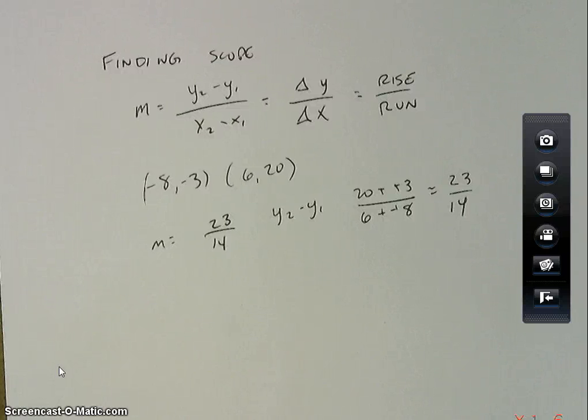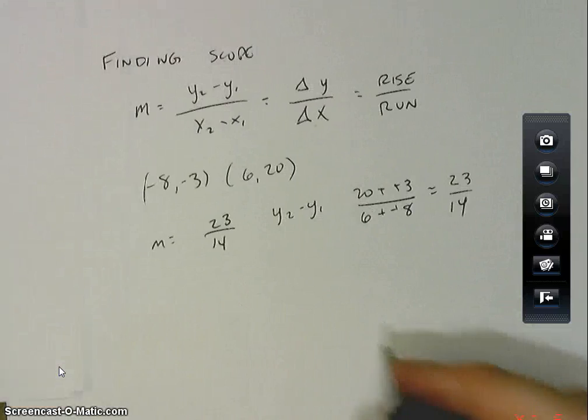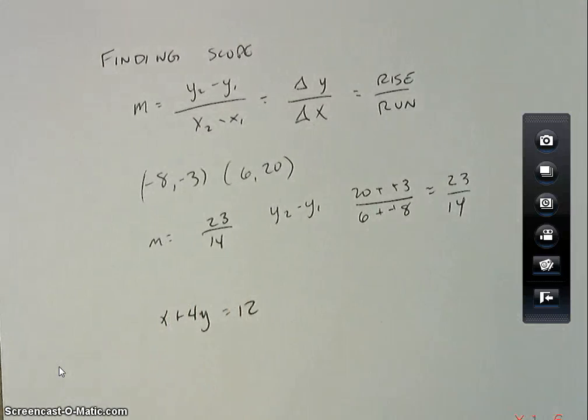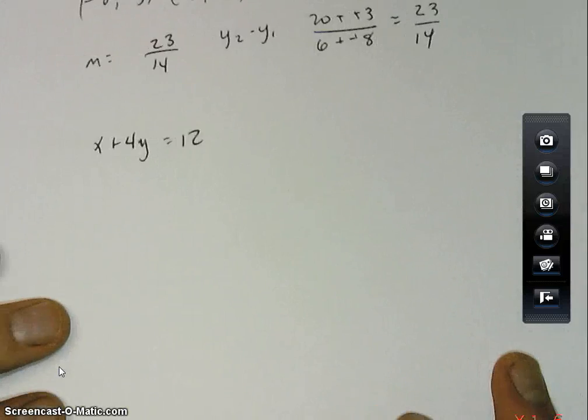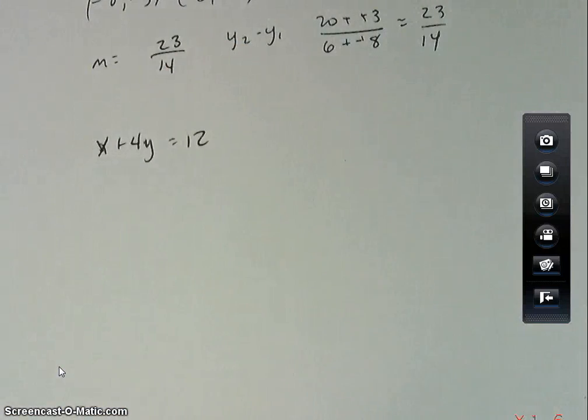Now the next part, and probably the more difficult part, we'll look at number 7 again on the quiz, is x plus 4y equals 12. Okay, and I want you in this situation to find, first of all, I want you to put it into slope-intercept form.